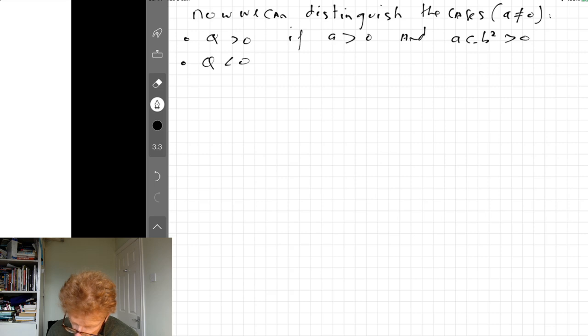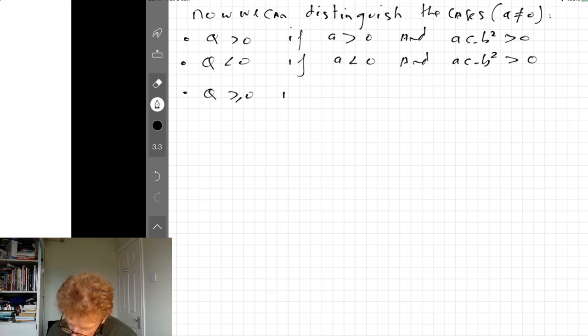Q less than 0 if a less than 0, that gives the coefficient in the first square negative, and for the second one to be negative, a times ac minus b squared needs to be negative. So since a is negative, this needs to be positive.